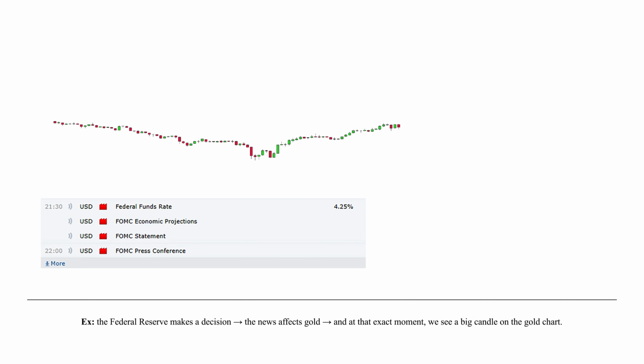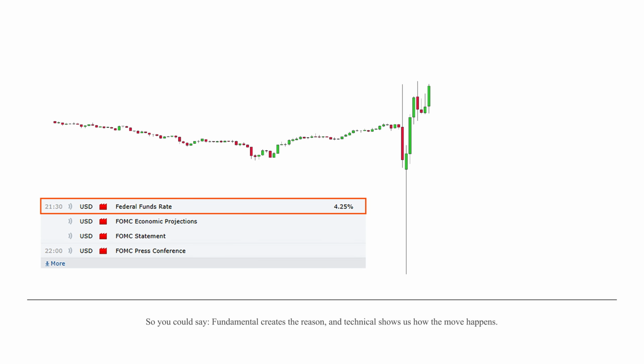For example, the Federal Reserve makes a decision. The news affects gold. And at that exact moment, we see a big candle on the gold chart. So you could say, fundamental creates the reason, and technical shows us how the move happens.